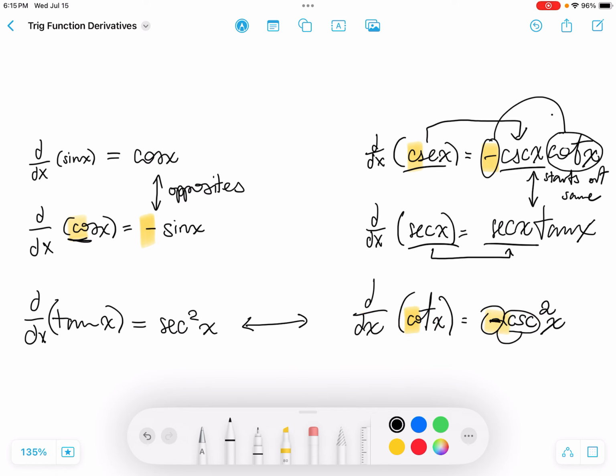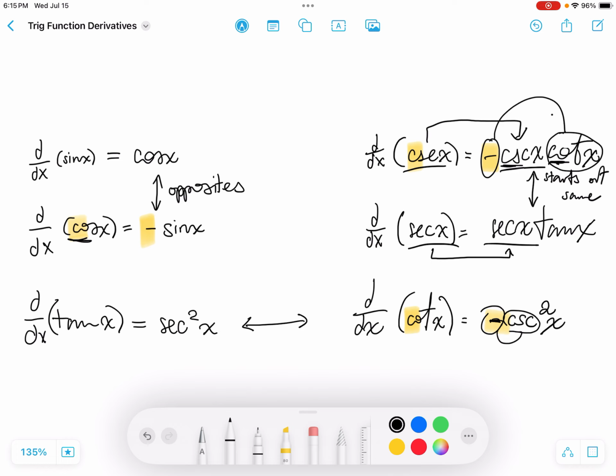So the pattern here is it's a cofunction, so it's negative, but that also means that both of these terms are also going to be cofunctions. So cofunction, negative cofunction, right? Cosecant means it's negative, and both of the derivative terms are going to be cofunctions.